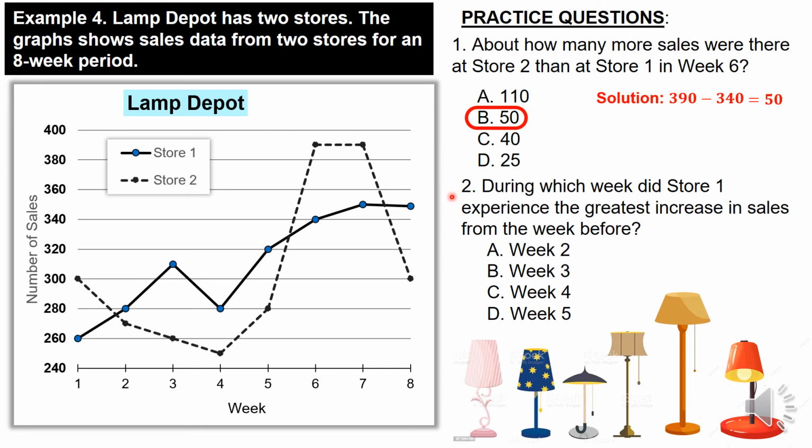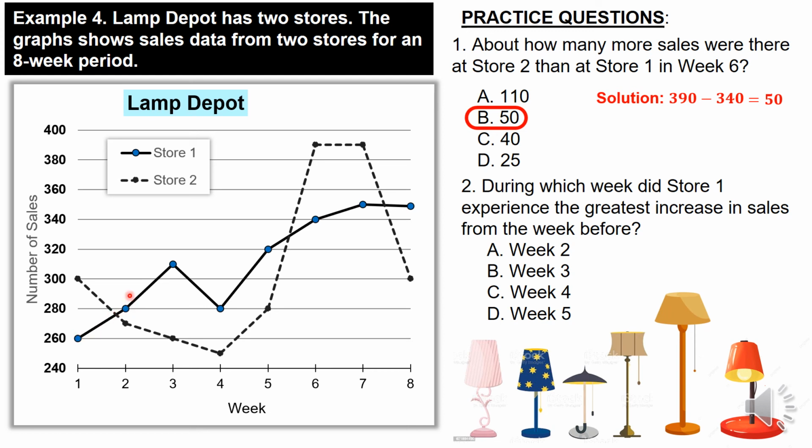Last question, number 2. During which week did store 1 experience the greatest increase in sales from the week before? Okay, so we will just focus here on the line, not the dashed line, on store number 1. So judging upon the slope, we have here 260, 280.